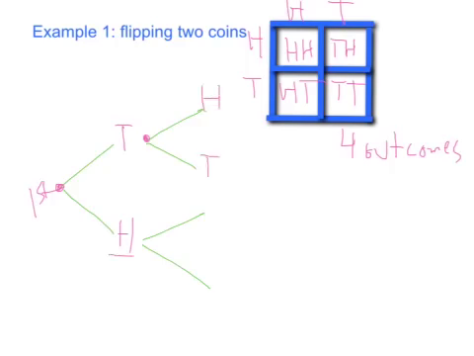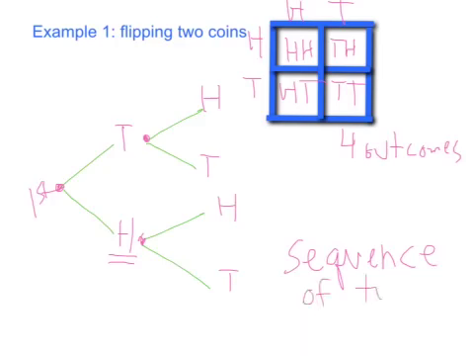If the first coin is heads, the second coin again could either be heads or tails. Every time there's a new option, the sequence of events can be shown with a new branching. So this is a sequence of 2 events because we branched twice, one after another.